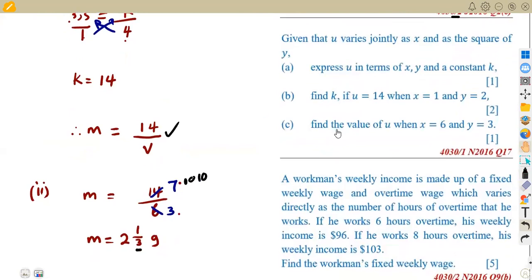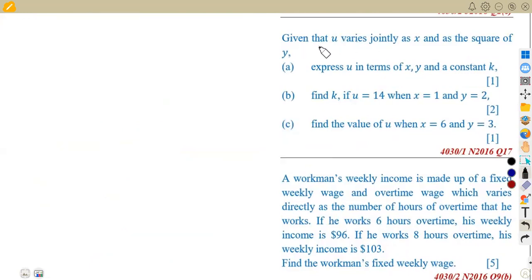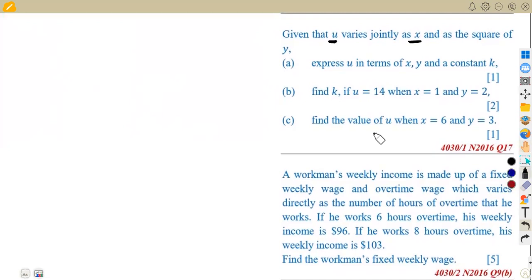Then we move on to the other question, whereby we are given this time that u varies jointly as x. So here we've got a joint variation. It varies jointly as x and as the square of y. So this part here is connected jointly. We are not given the inverse part, so that is connected jointly, but in a direct manner.